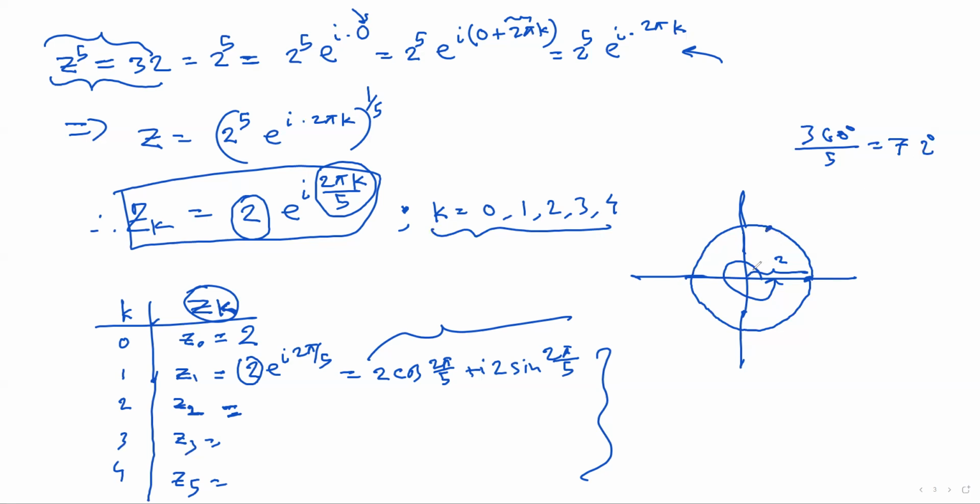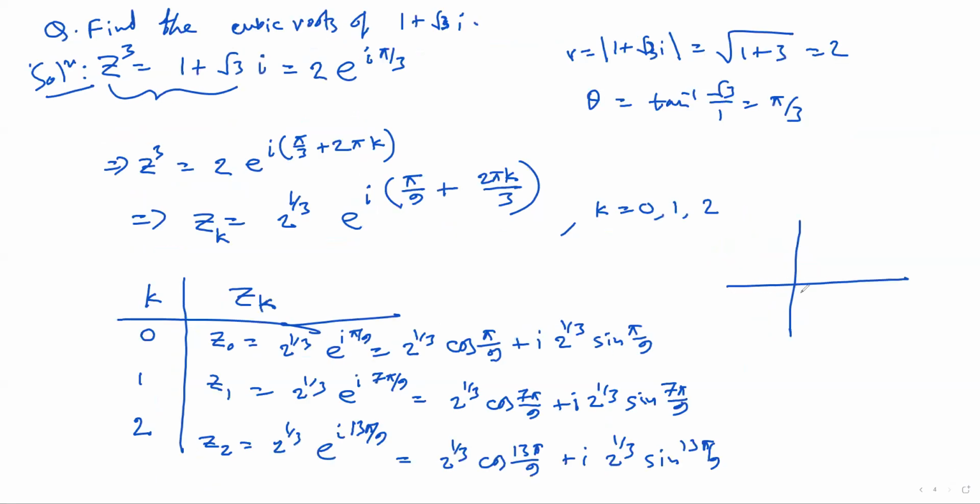So 72 degrees here, another 72 degrees is 144, which is somewhere here possibly, and another 72 degrees, 216, which should be somewhere here, and the other one should be somewhere here. So the overall circle is going to be divided into 5 equal slices.